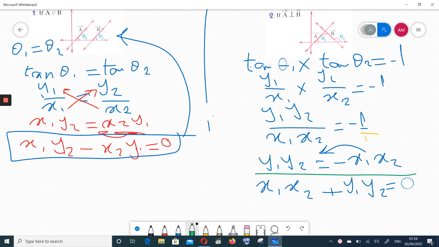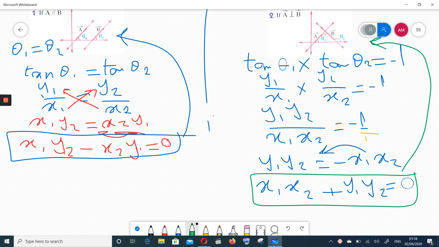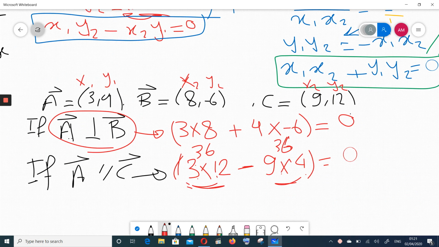That means if we have this rule, the relation between two vectors is going to be perpendicular, sorry. Or if the two vectors are perpendicular, it means we have this rule to prove vector A perpendicular to vector B, or vector A parallel to vector C.